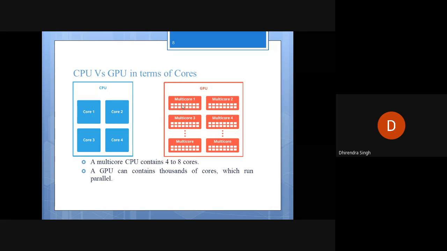One GPU, like this Titan V, has nearly 5,120, yes, I remember, 5,000 plus processing cores. So just imagine that you can run 5,000 parallel threads in one go.